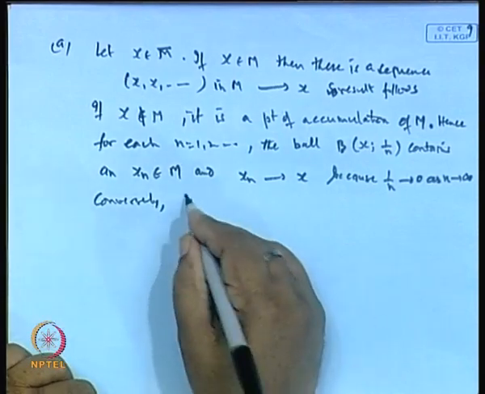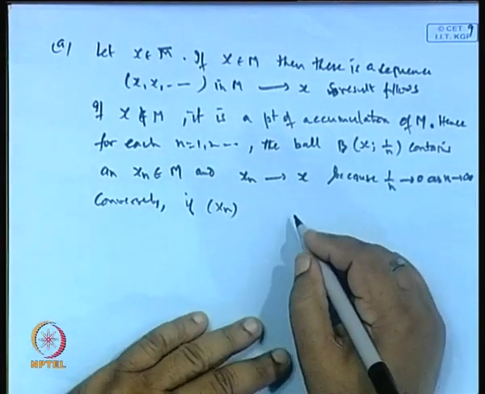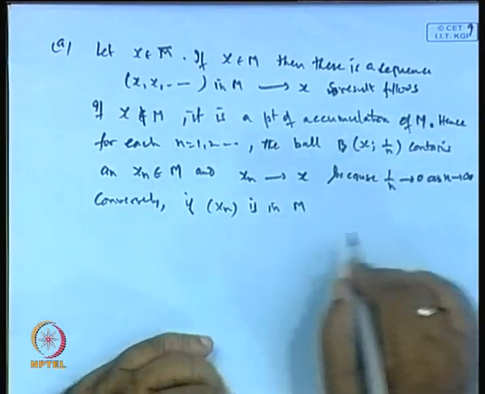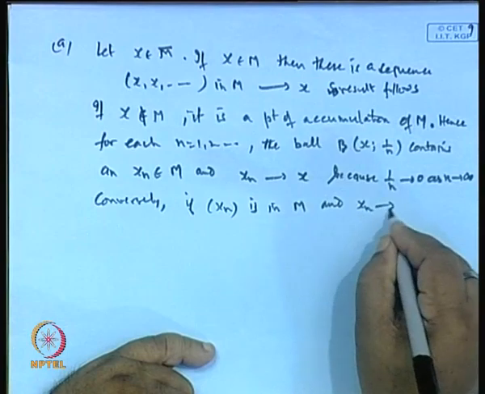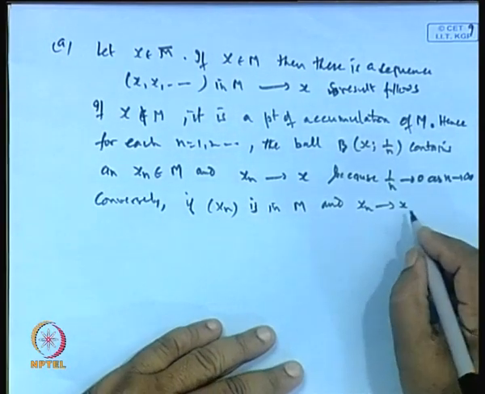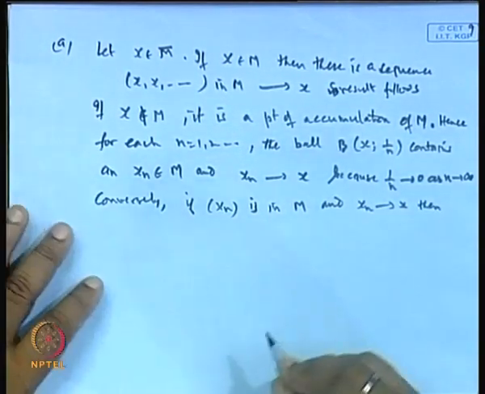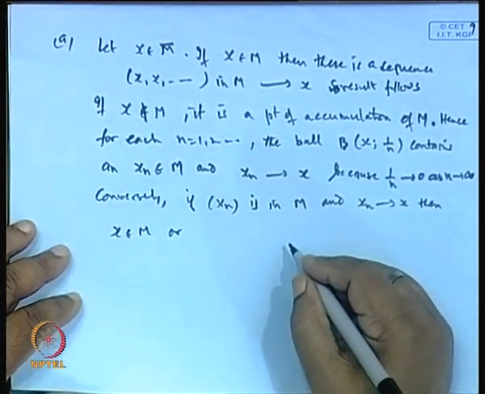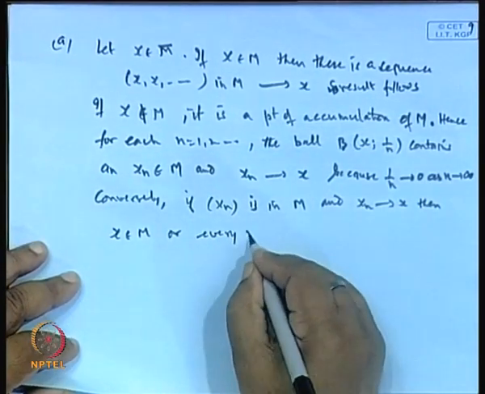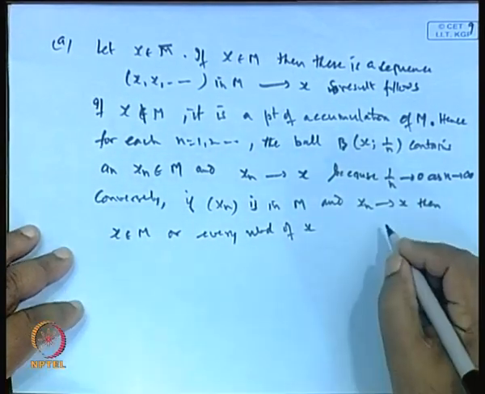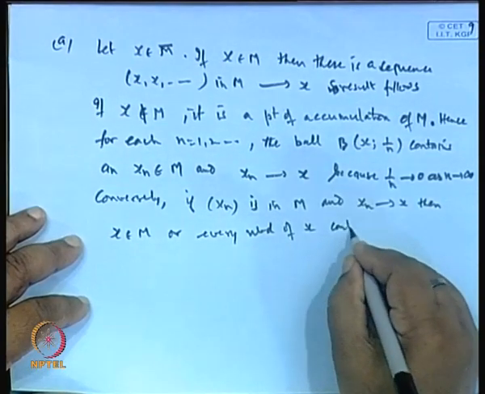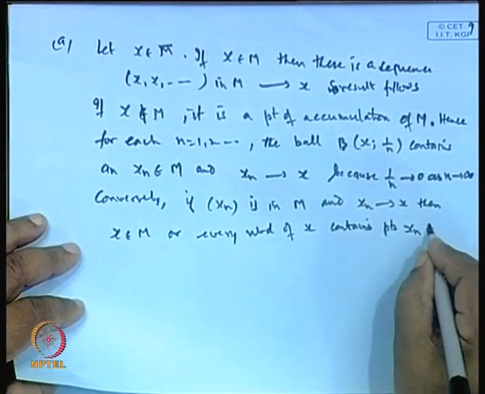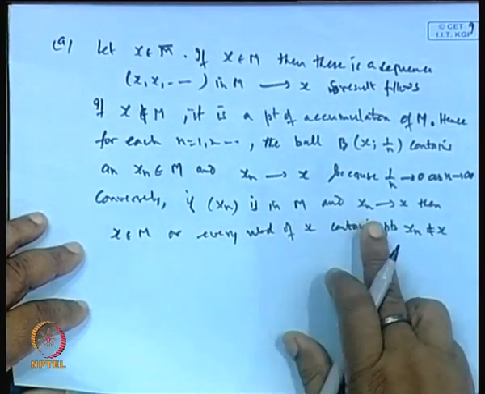So, conversely, if the sequence x_n is in M and x_n goes to x, then there are two cases: either x will be a point of M, or every neighborhood of x contains points x_n other than x, because this sequence goes to x.